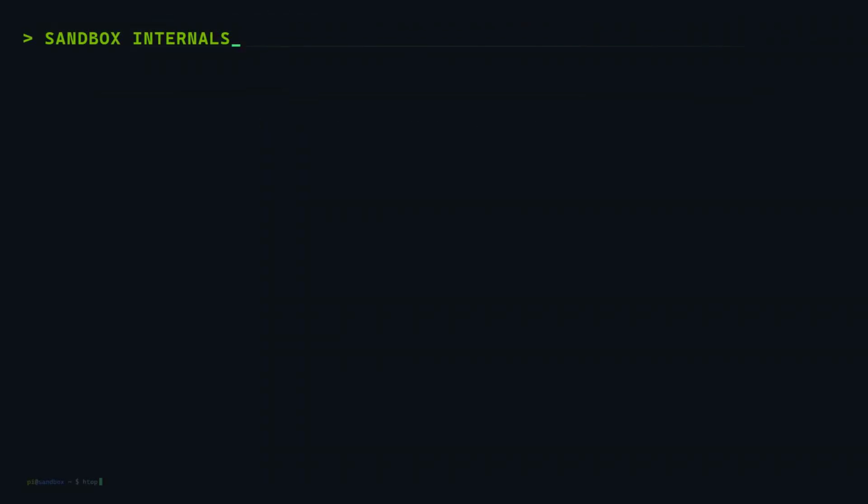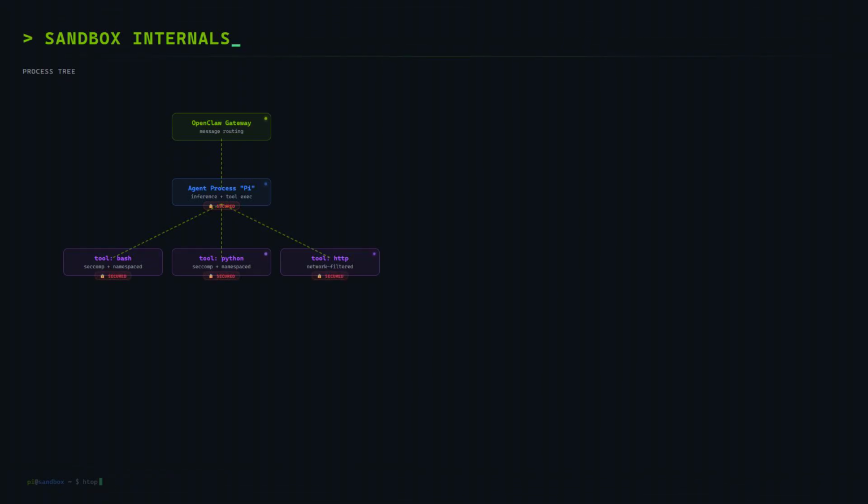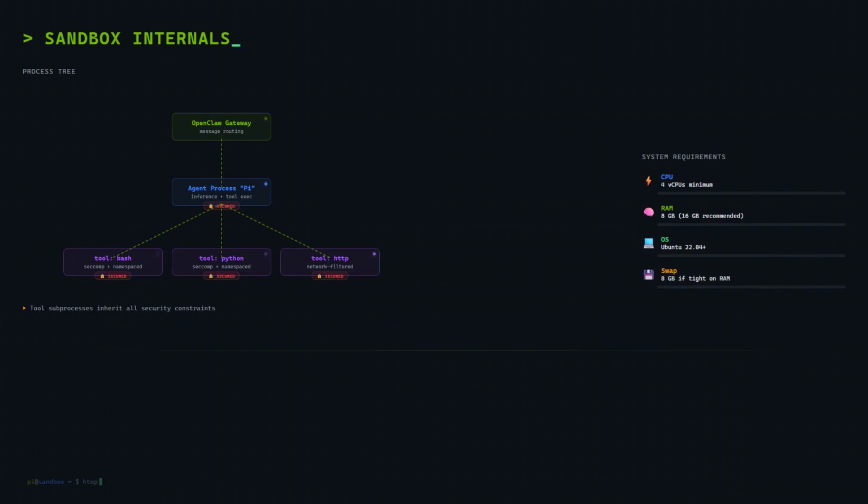So what's actually running inside? You've got the OpenClaw gateway process handling message routing and session management, the agent process, PI, handling inference requests and tool execution, and then tool calls spawn subprocesses that inherit all of the sandbox's security constraints. Every subprocess is bound by the same seccomp profile, the same landlock policy, the same network namespace. There's no escape hatch.